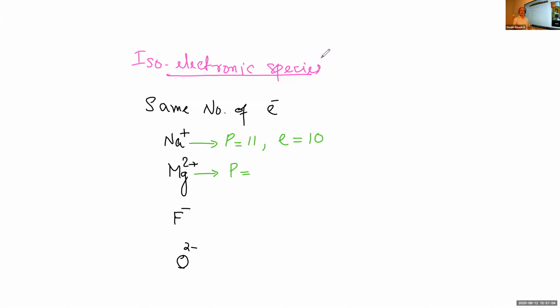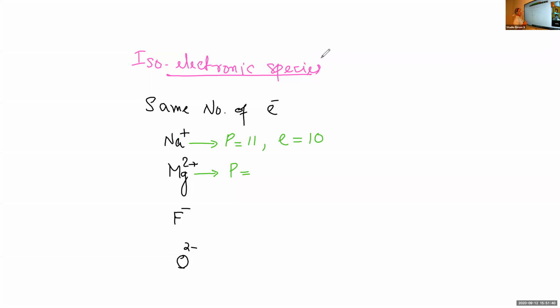The change is only for the electrons: addition of electron, loss of electron, or sharing. A chemical change is a game of electrons. It has nothing to do with the nucleus, so there is no change in the number of protons.